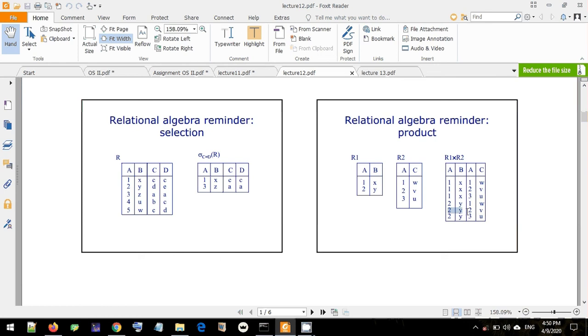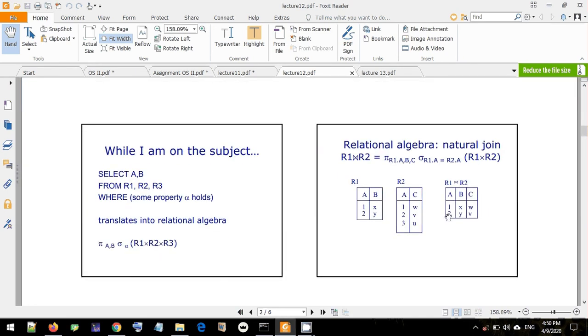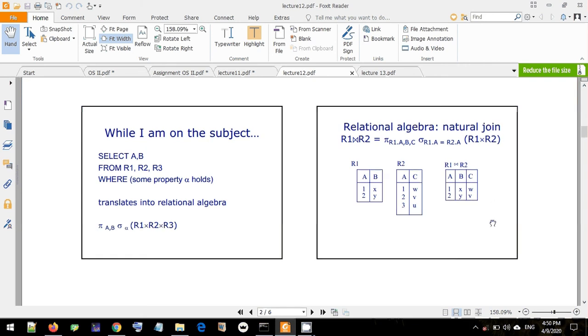So we have 2yv, where A is equal to 2 and A is equal to 2. So at this level, this is going to work. It will be 2yv, the next tuple in the relation. So I have 2yv, and that is the natural join in algebraic form.